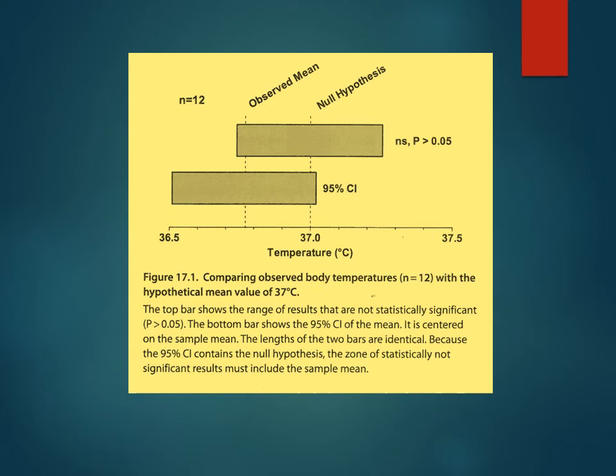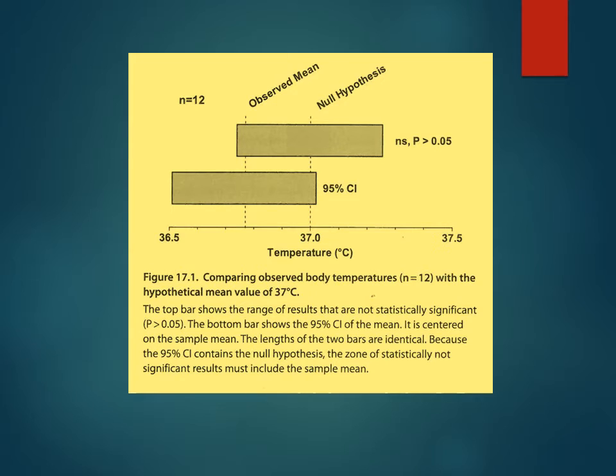Looking at here, you can see the temperature range on the x-axis. You have your population mean, or your null hypothesis, being that line going to the top there at 37 degrees centigrade. And then you have your sample mean, your observation mean, that was lower than that. But notice the width of the confidence interval and how it includes that 37 degrees centigrade.